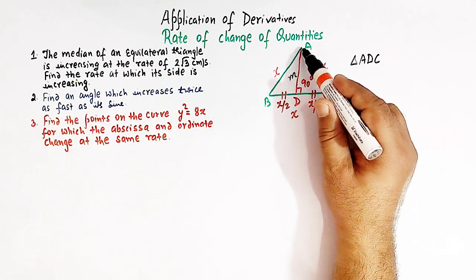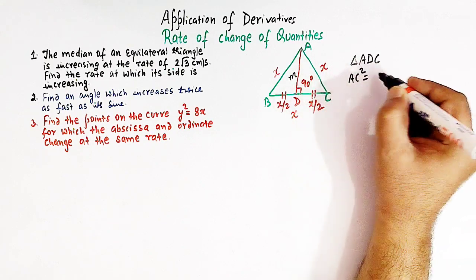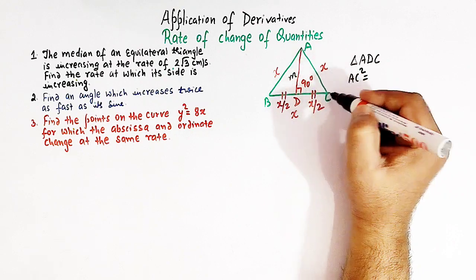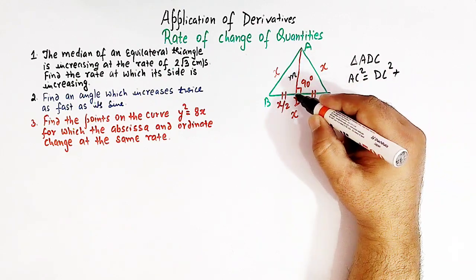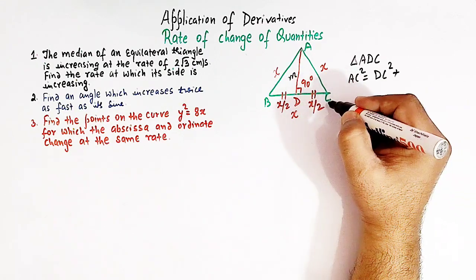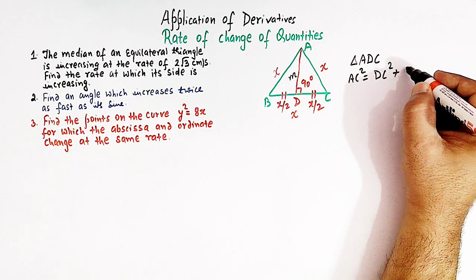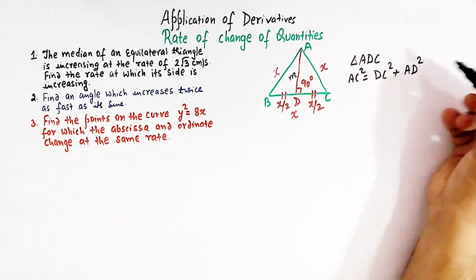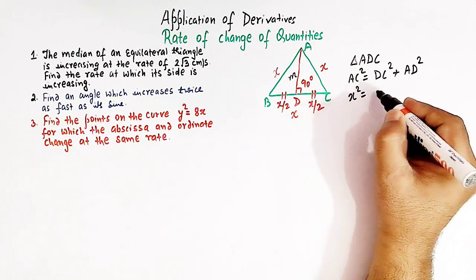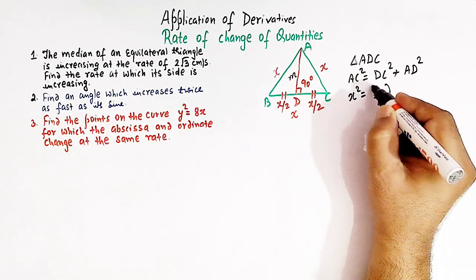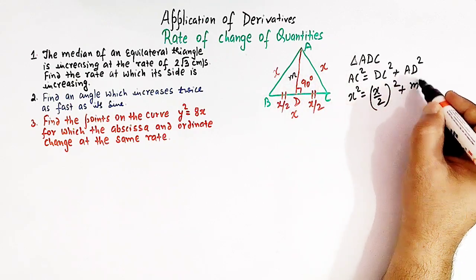So here the Pythagoras theorem goes like this, that is AC square, that is the square of the hypotenuse, is equal to the sum of the square of the base, that is DC square, and the square of the perpendicular, so here we have AD square, right? So AC square is x square, DC square is (x over 2) square, and AD square is m square, right?